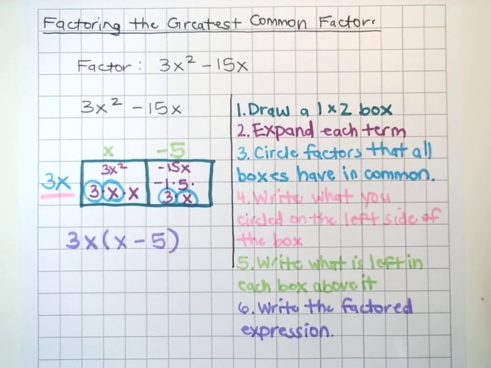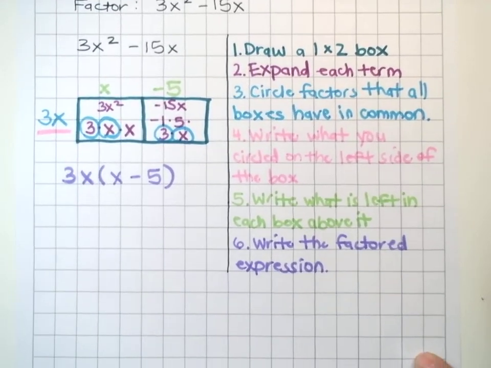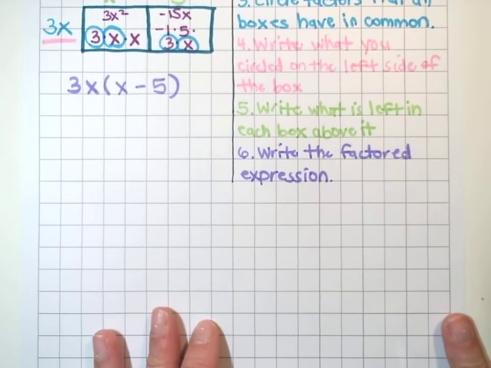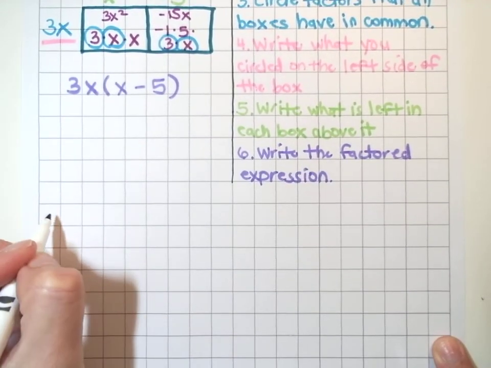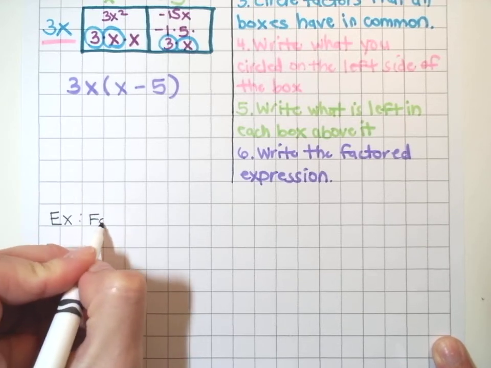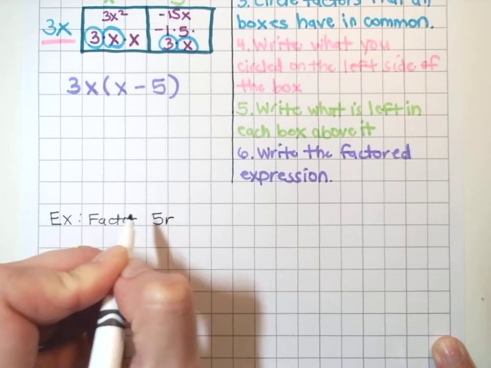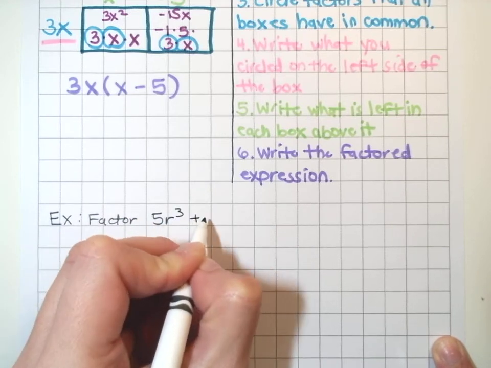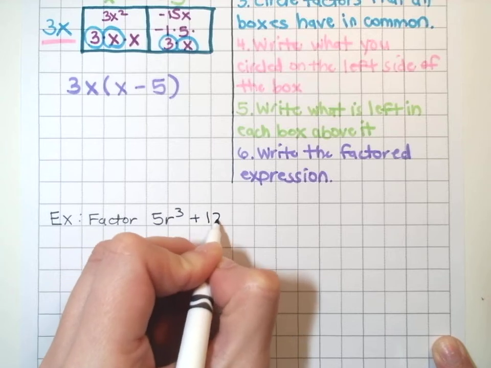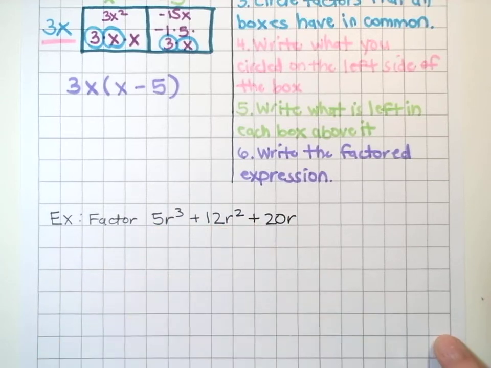Let's do one more. So say we need to factor 5r to the third power plus 12r squared plus 20r.